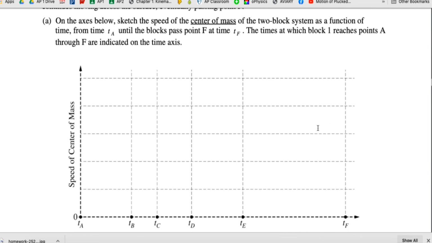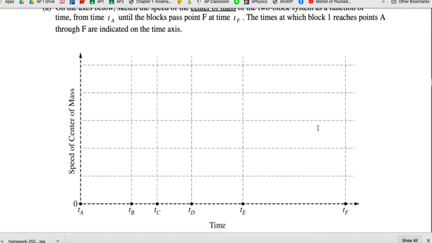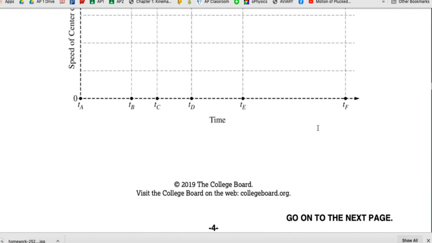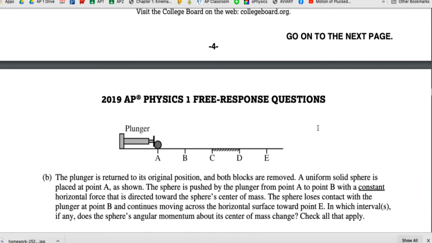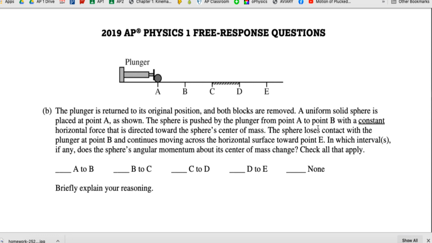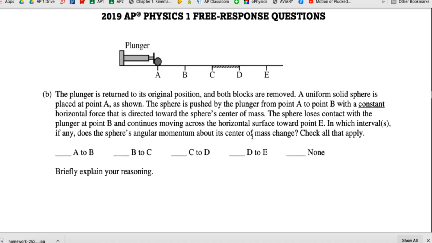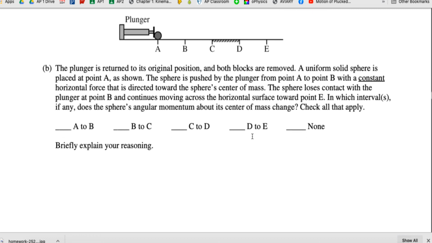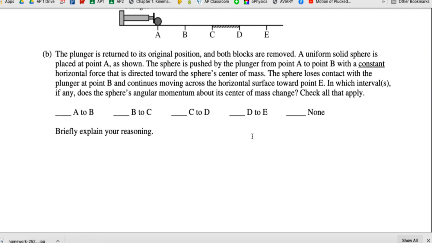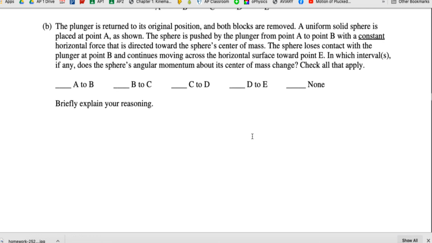As I scroll down, some of the things they want me to do is graph the speed of the center of mass over the course of time, so we have to show graphical relationships. We have to conceptually say which of the spheres' angular momentums will change due to this smack. That's a conceptual ranking based on your understanding of what's going to happen with angular momentum for this system.